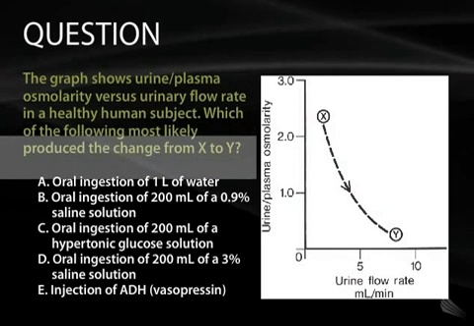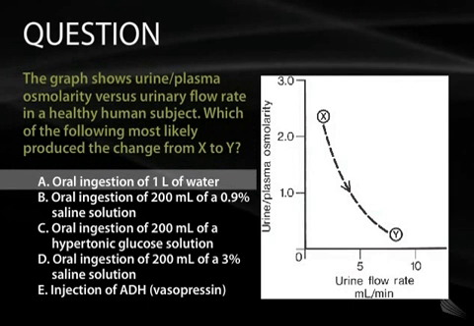So the only one that really makes sense is choice number A, which is the oral ingestion of just free water. So in this case, if you're ingesting just free water, the kidney is not able to handle that amount of water load because it's a free water load which has to be excreted out, and so it does that by producing a pretty dilute urine and at a high flow rate, so homeostasis is maintained.